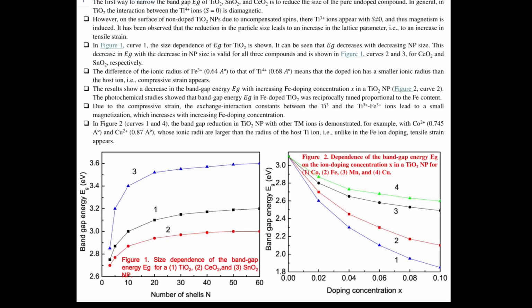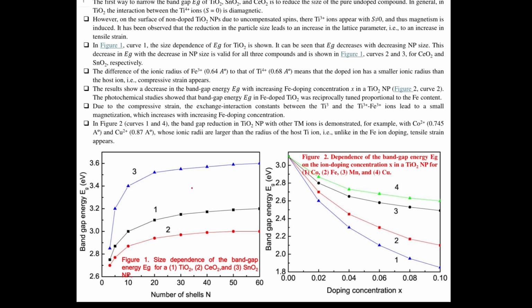Now we are discussing a few examples of doped TiO2. Here we have TiO2, CO2 and SnO2 nanomaterial oxides. In graph one, you can see the number of shells, that is, the size of the material.